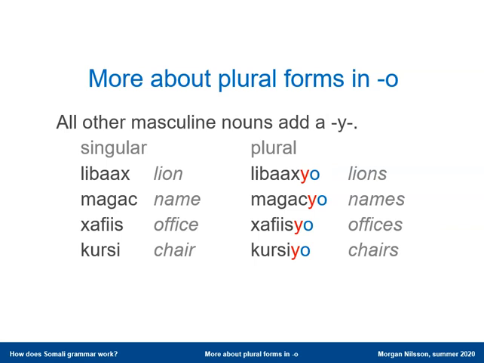After other consonants, the consonant y is inserted before the ending o. And this is then very common in masculine nouns. And again, this is something that occurs only in masculine nouns, not in feminine nouns.